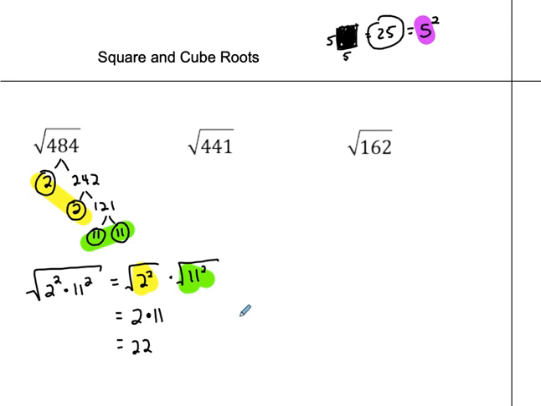Let's try that with another example. Here, let's try that with 441. So let's do the same thing. We're going to make a factor tree. 9 goes into 441. Well, 4 plus 4 is 8, plus 1 is 9. So 9 must go into 441. Okay, so 9 goes into 44.